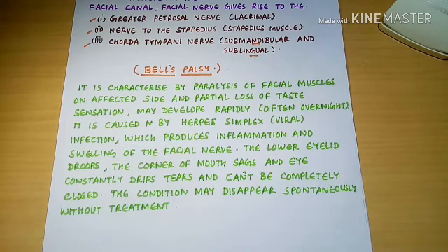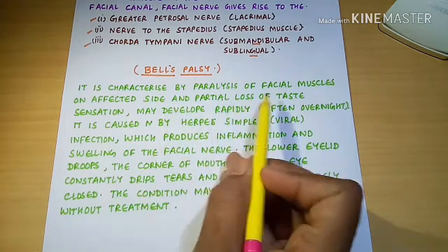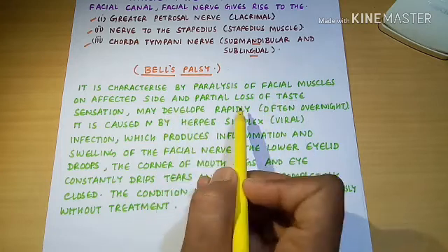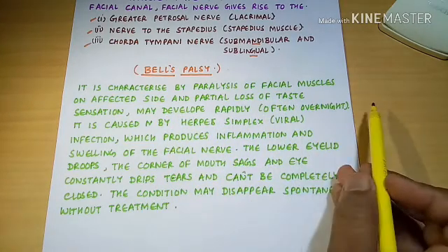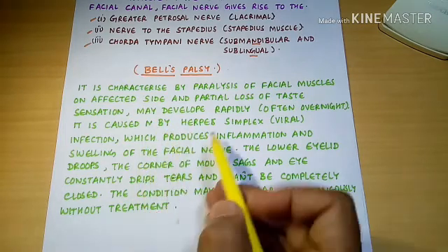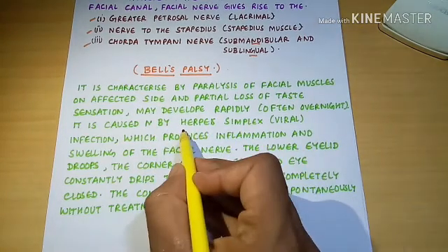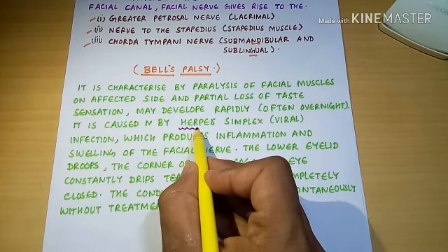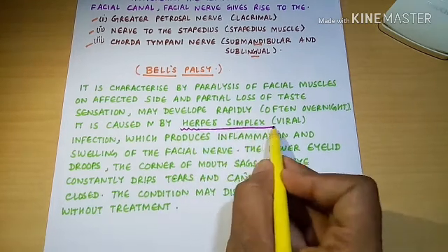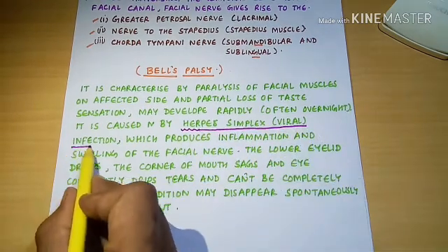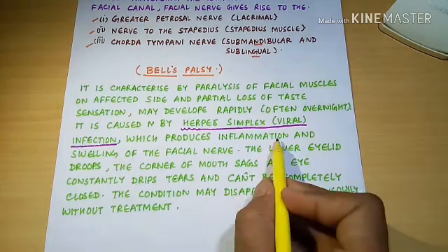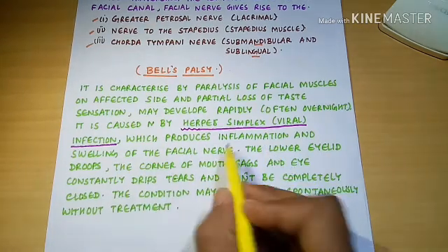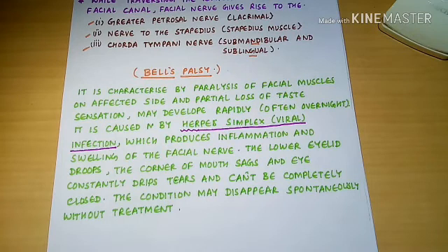In this condition, paralysis of the affected side and partial loss of taste sensation may develop rapidly, often overnight. It is caused by a herpes simplex infection. It is important to remember that it is a viral infection which produces inflammation and swelling of the facial nerve.